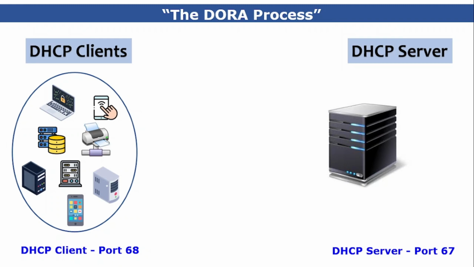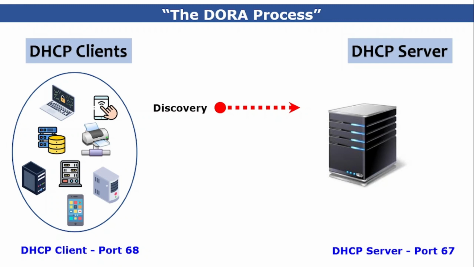As soon as the DHCP client service on any device starts, it starts broadcasting and wants to find the DHCP server. This message goes out from port number 68 and is intended for port number 67. Port number 67 is only and only open on the DHCP server.